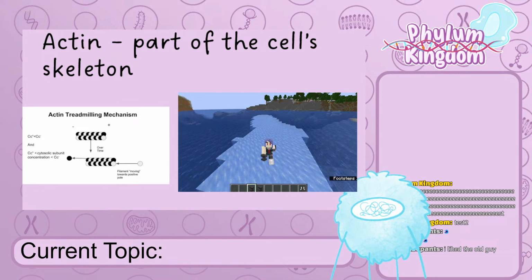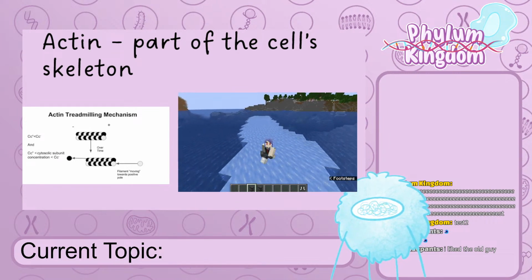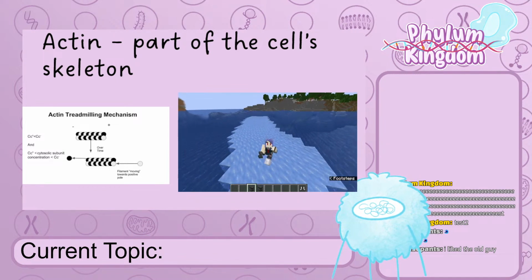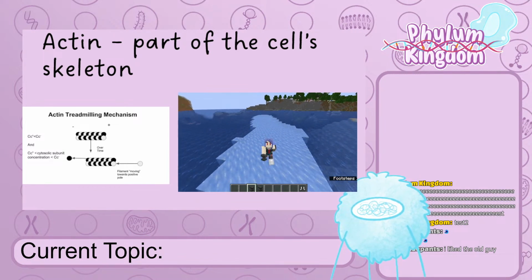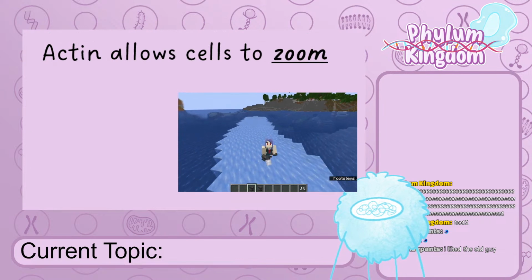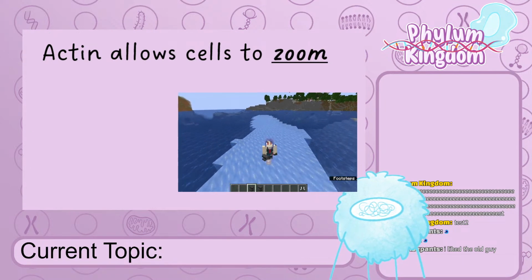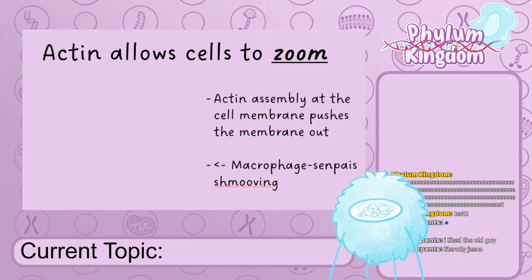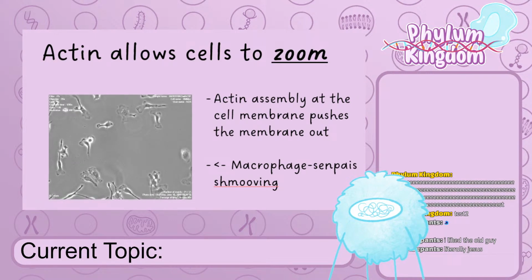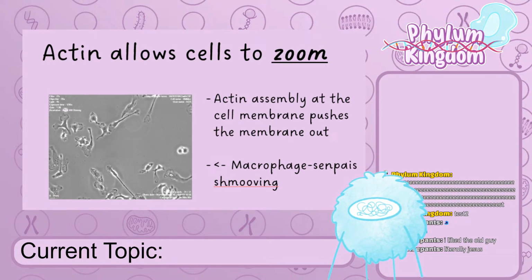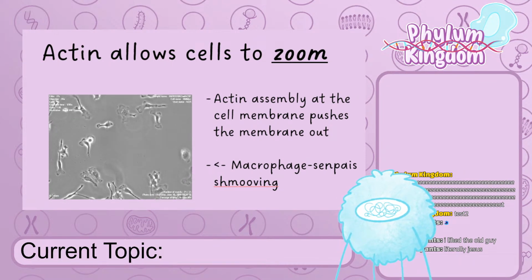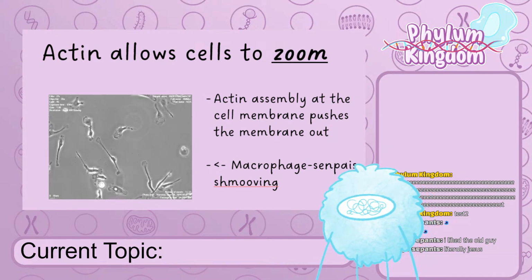So you might be asking yourself why this is important. Well, actin's dynamic nature allows it to help the cell do all sorts of crazy and fun things, like move. So let's get Minecraft off the screen, and let's get this video up there. Yeah, this is macrophage movement. So macrophages are kind of my senpais.